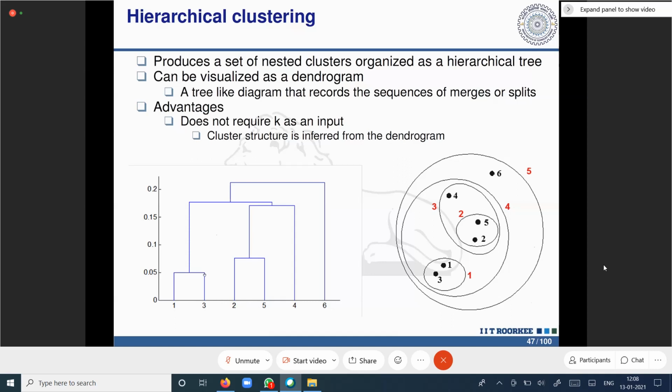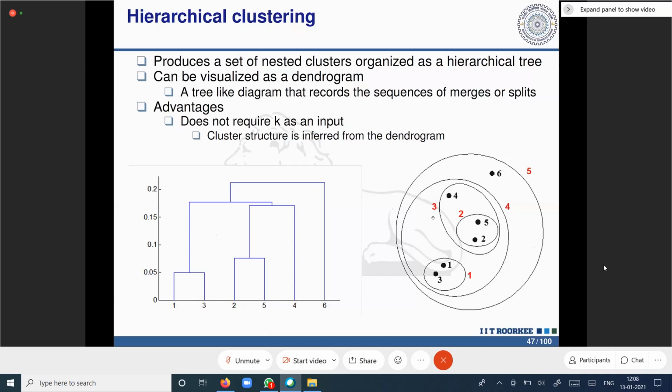So for example, here you can see points 1 and 3. This is the distance, and these are the points. So 1 and 3 are at the smallest distance, so they are combined together. You can see here 1 and 3 are joined together, and they belong to this first cluster.